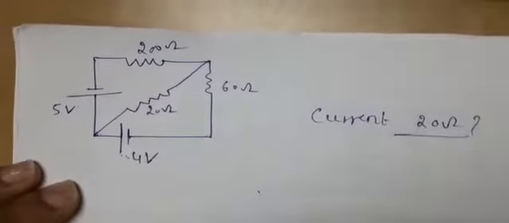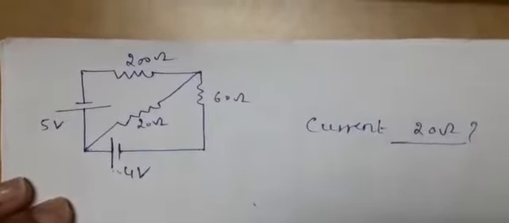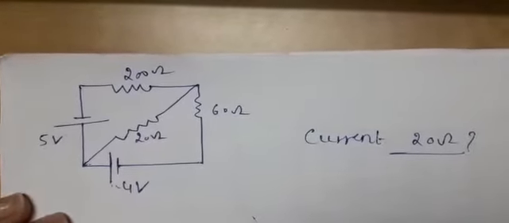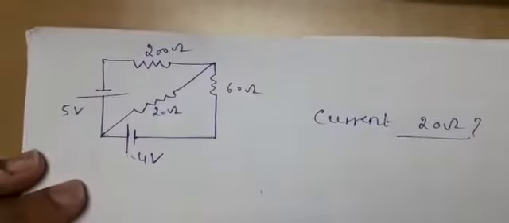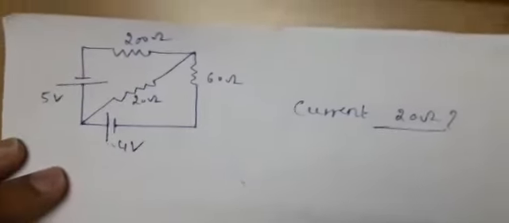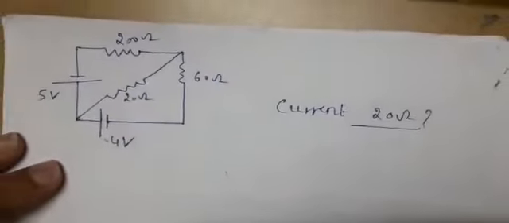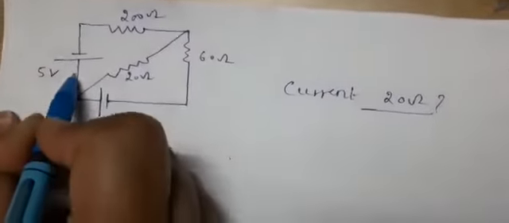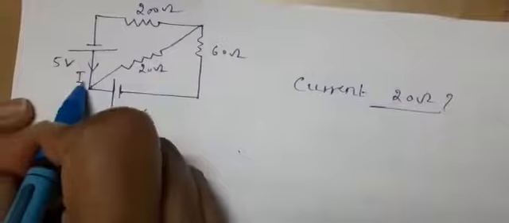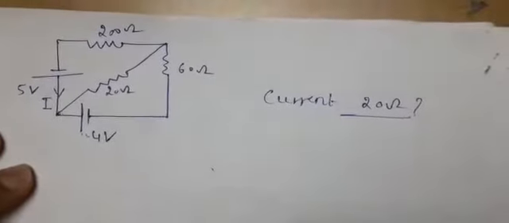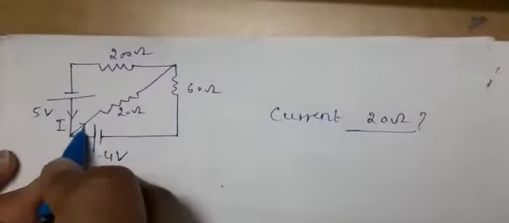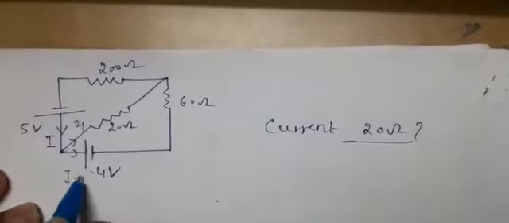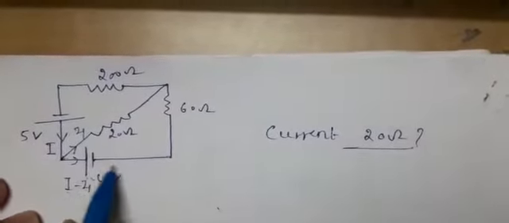If you have multiple cells, the cell which has more potential, larger EMF, you will take it as the main cell and take the direction of current from that particular cell. So out of these, this has more value, so I will prefer to take the direction of current from this side. Now here one part of this current will flow along this direction and the remaining will flow as I minus I1 through this.